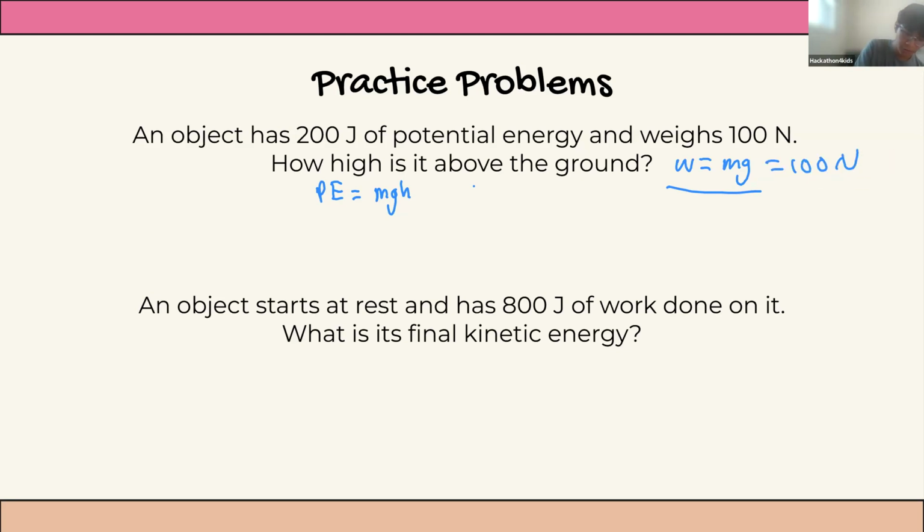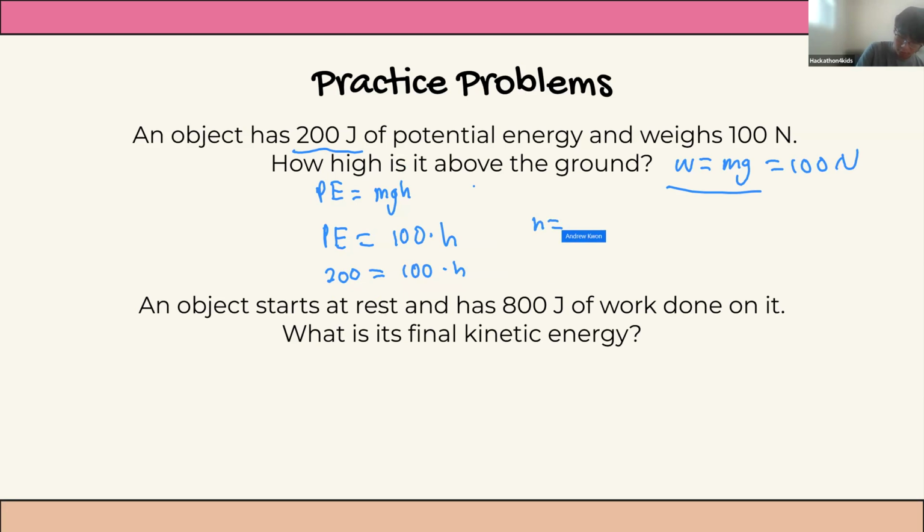So it's W equals mg, and we're given that it weighs 100 newtons. The force of weight is 100 newtons, right? So potential energy, 200 joules, equals 100 times h.